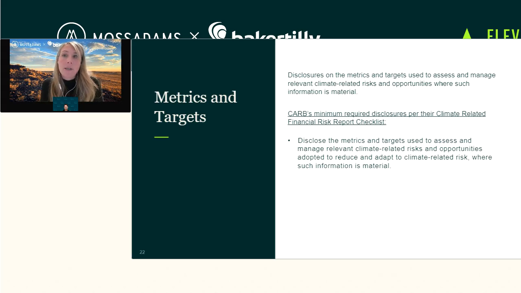And the expectation, I think, that CARB has been clear about is that these grow and mature over time, and to not get too bogged down in all of the very qualitative scenario analysis type things, and to really just have this report meet where your organization is right now and give a little insight into what that process is.